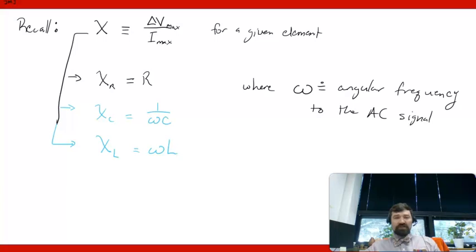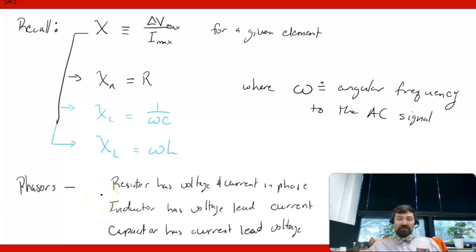So what impedance does is it combines these three terms together, but it does it geometrically because of the fact that we have phasors. So recall that there are phasors. Essentially the main point here is sometimes current leads, sometimes voltage leads, and sometimes they're in sync.